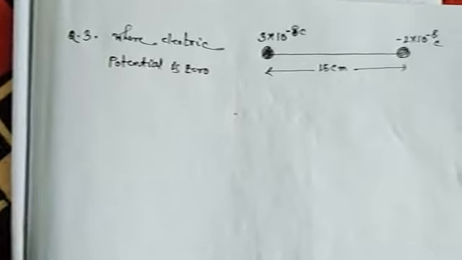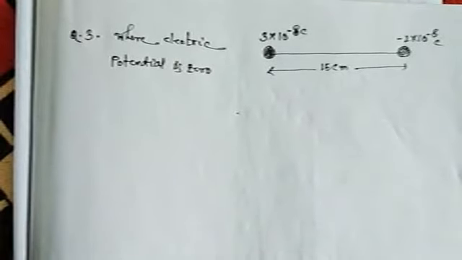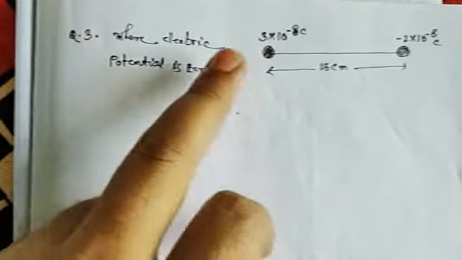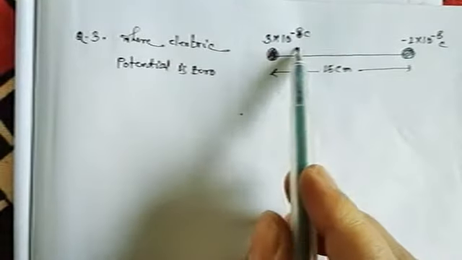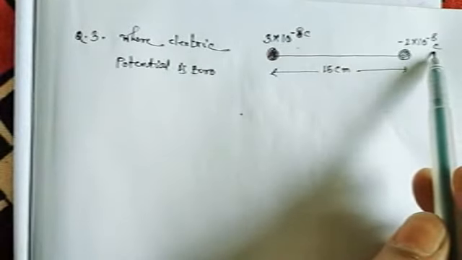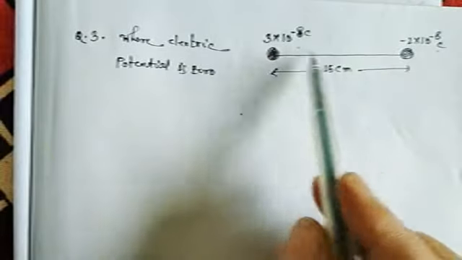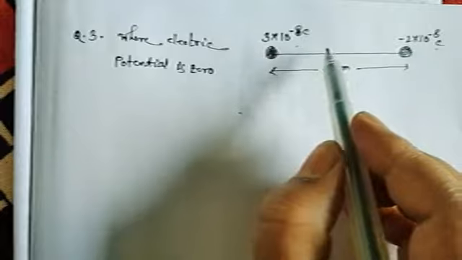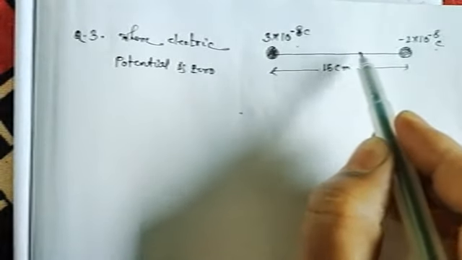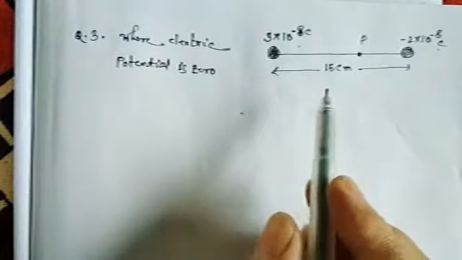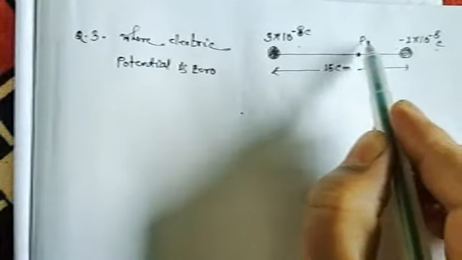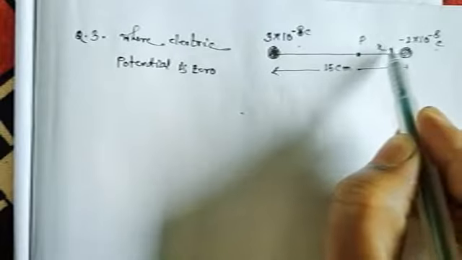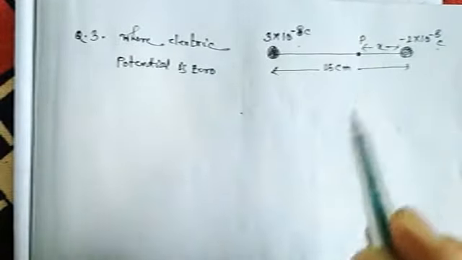Now let's proceed to the next one. Question number 3, where the electric potential is 0. A combination is already given: plus 3 into 10 to the power minus 8 coulomb and minus 2 into 10 to the power minus 8 coulomb. These two charges are separated by a distance of 15 centimeter. So let us assume the point is here, P, and assume that this point P is situated at a distance of x.